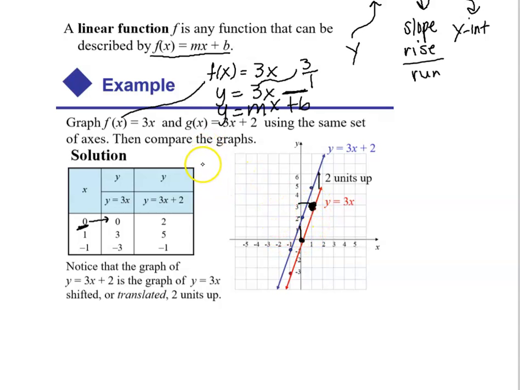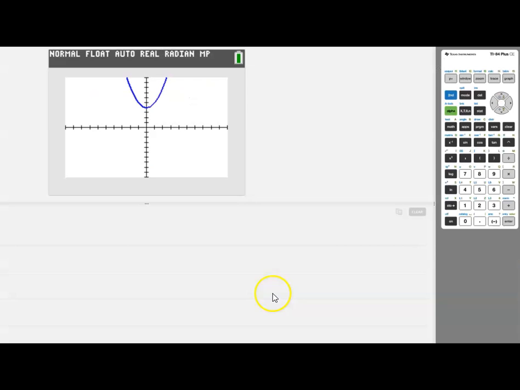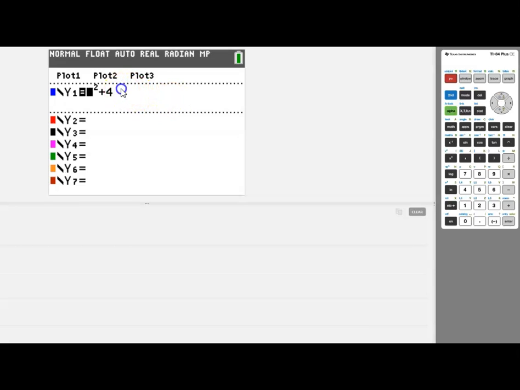Now remember that you can use your graphing calculator to graph and come up with a table. Let me transition over to the graphing calculator just to remind you how to do that. If I wanted to look at the table of y equals 3x that was on our notes, I would hit my y equals button, which is right underneath the screen, at the top left.